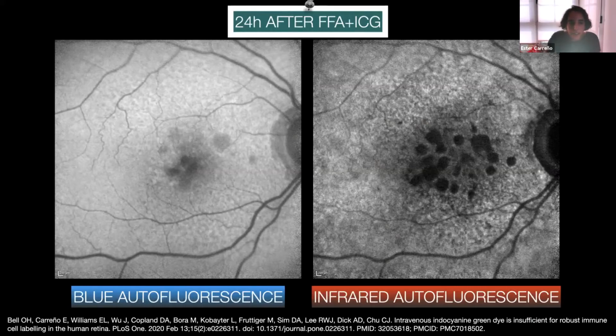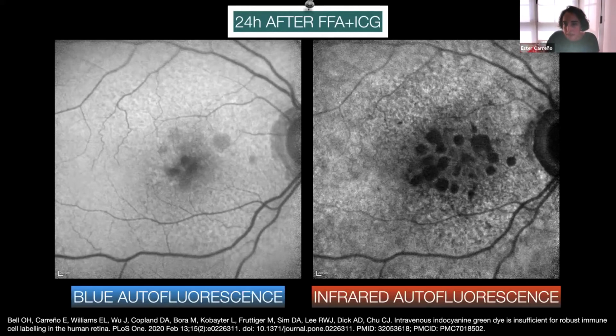And you can see in the fundus autofluorescence, which is imaged on the left, that it doesn't really show any definitive dark autofluorescence. So it's just a mild hypoautofluorescence, which means some damage in the RPE, but not really something similar to geographic atrophy yet.